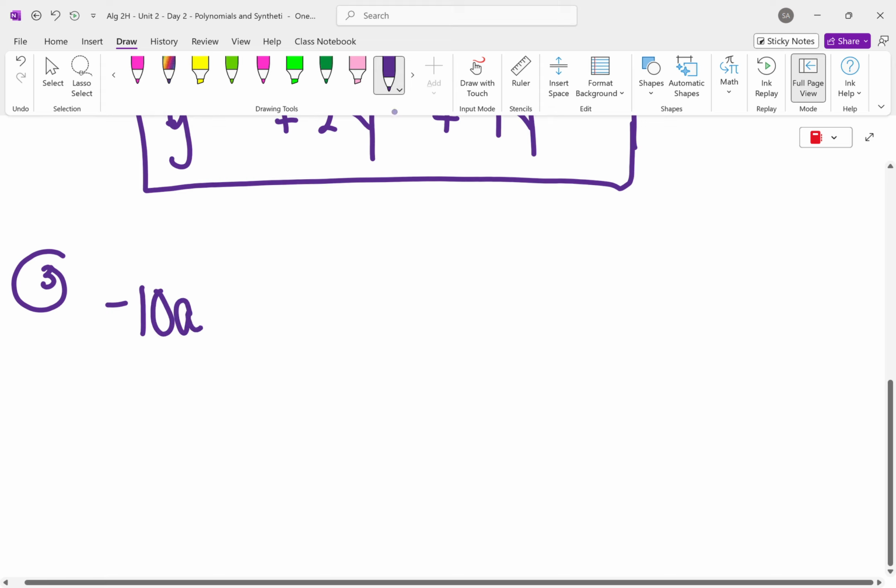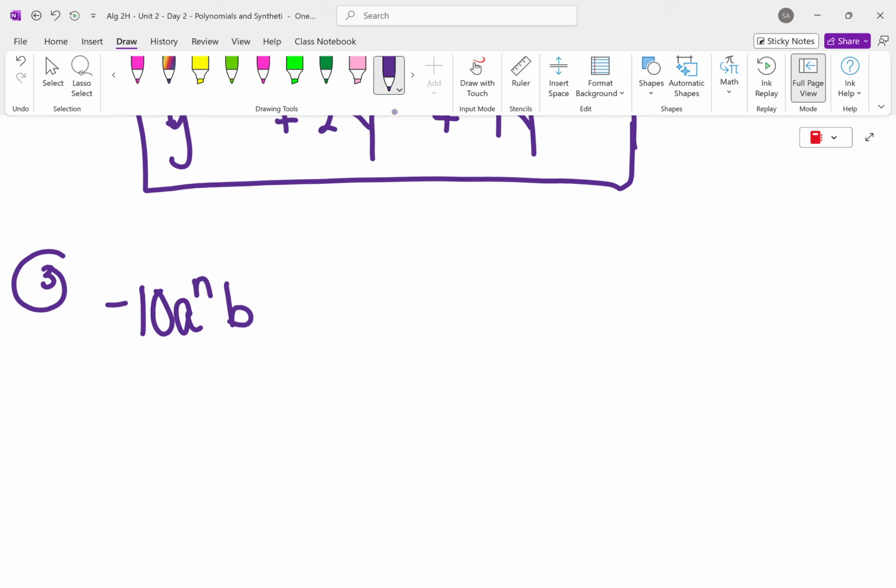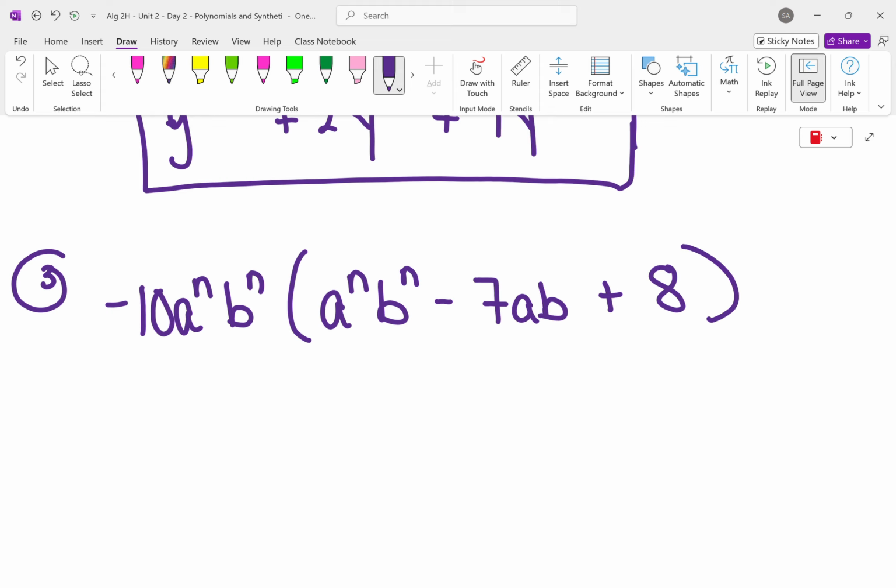So now I'm going to have negative 10 a to the n, b to the n times the quantity of a to the n, b to the n minus 7ab plus 8.